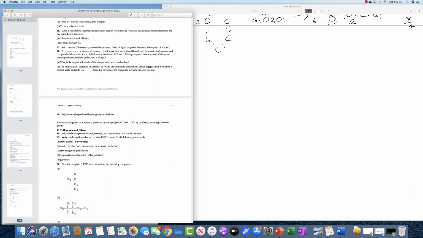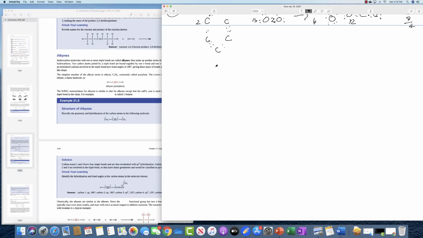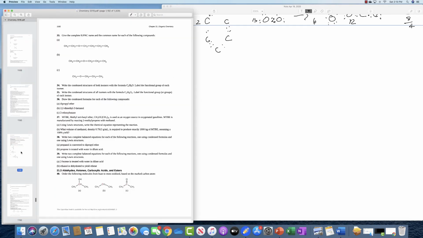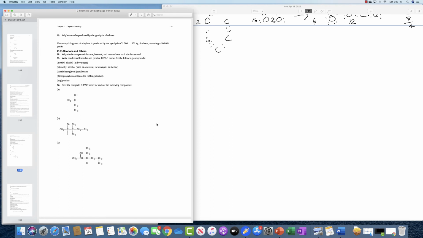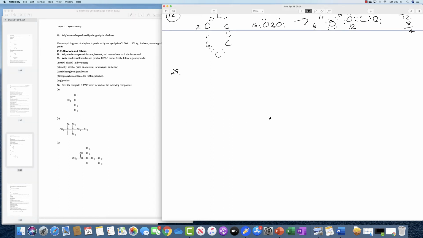I have to tell you, I don't know what pyrolysis is, so I'm going to have to look up what that is. After some digging around, I found out that pyrolysis looks like this.